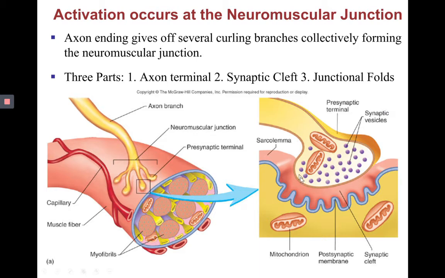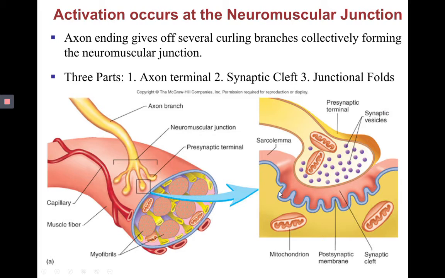There is a space between the axon terminal itself and the sarcolemma, and that space is called the synaptic cleft. The area where the axon terminal gets really close to the sarcolemma contains folds called junctional folds.